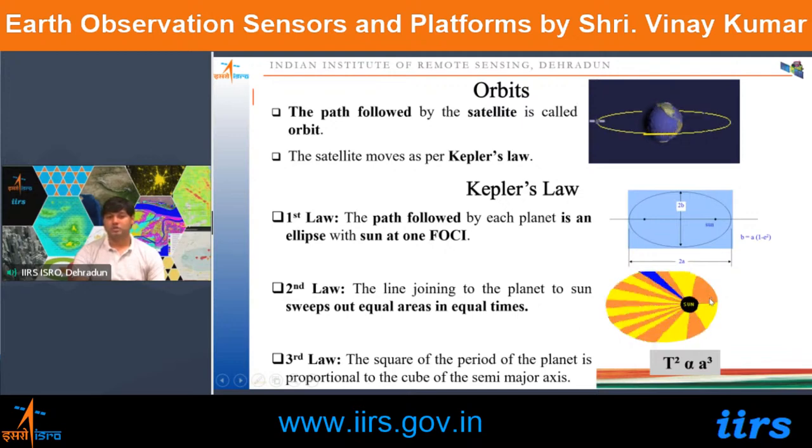So if it is area A1, it takes time T1, and area A2 takes time T2, the ratio is always going to be constant. The third law: the square of the period of the planet is proportional to the cube of the semi-major axis. If this is the semi-major axis and it takes time T to complete one revolution, the square of that time period is proportional to the cube of the semi-major axis.